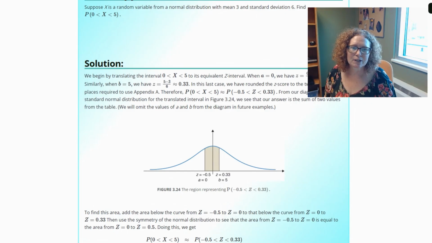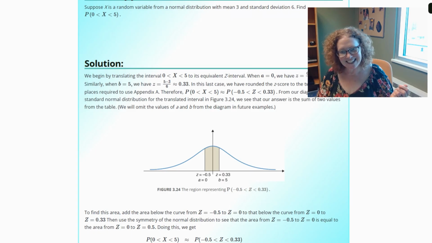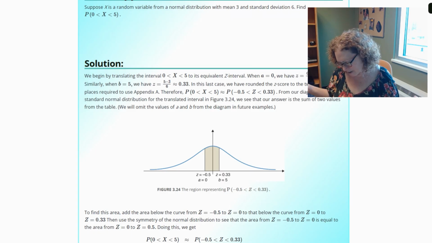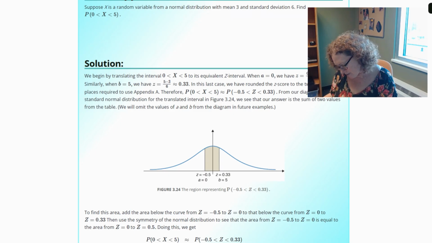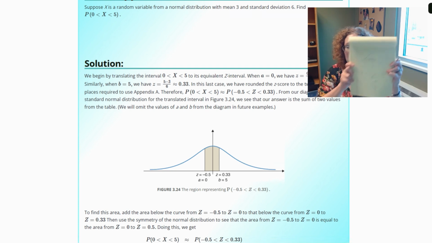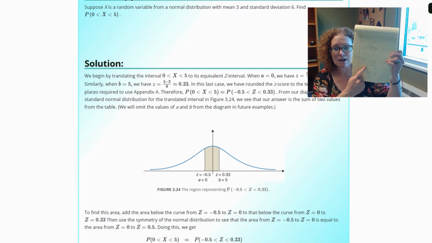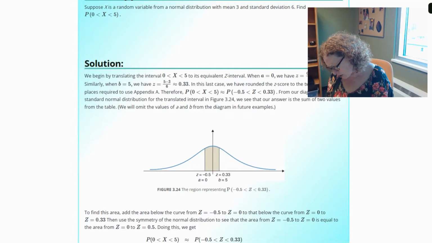And then when we look at x being 5, we plug it into that formula again: z is equal to x minus the mean over the standard deviation. So it's 5 minus 3 over 6, which gives us 2/6, which is 1/3.